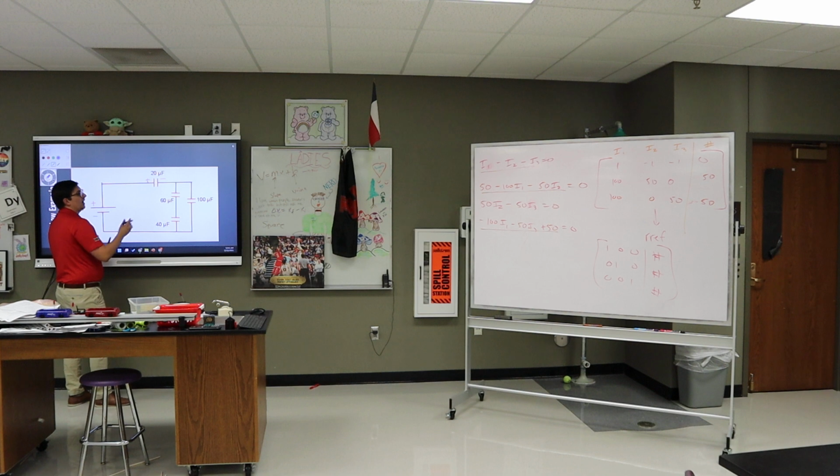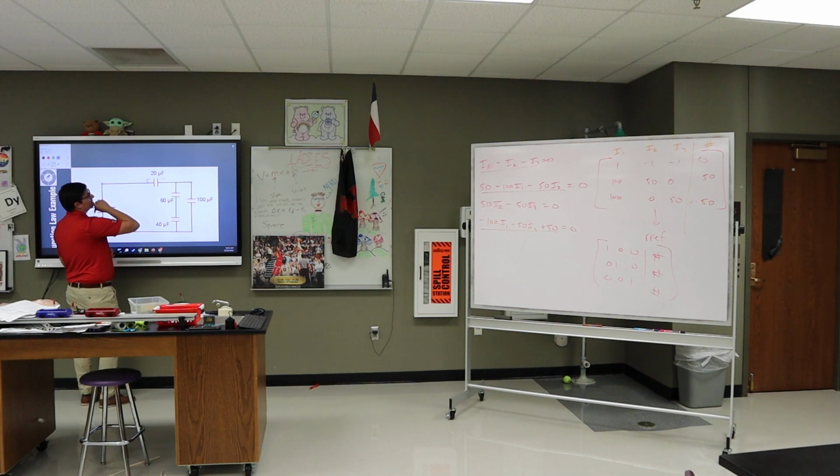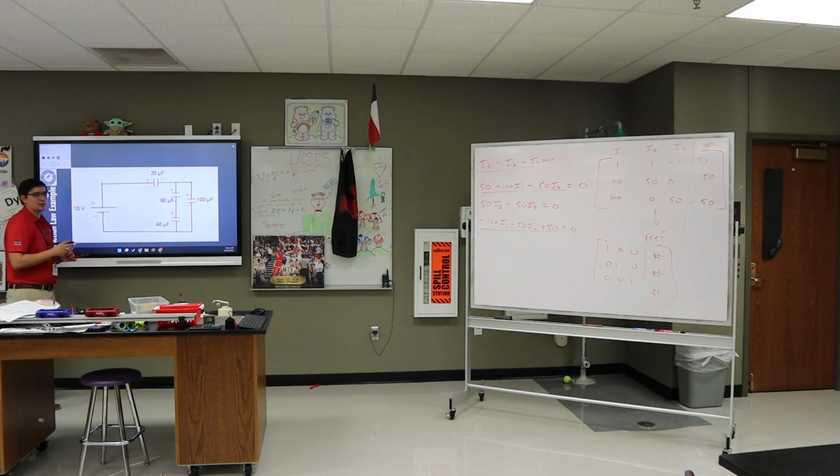Because this is negative, it must be pushing the positive. So I think these should be positive, these should be negative. Because that's negative, that should be positive, which means that's negative, and these match that. So it looks like I did it just fine. I'm just mapping out what I think the charges are.